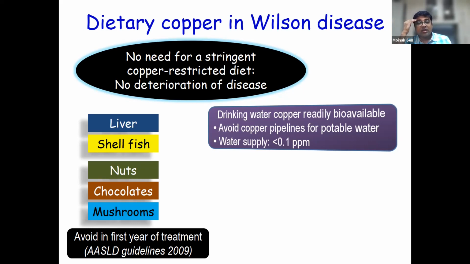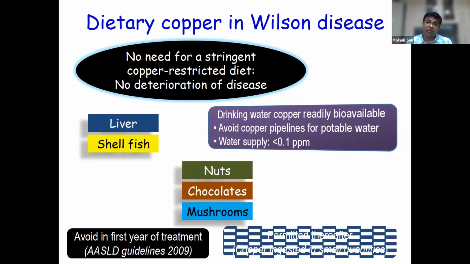So in India, copper in the diet is little unless there is a drinking water supply which has copper pipes in it. And in that also the recommendation is that the water supply should contain less than 0.1 parts per million of copper.